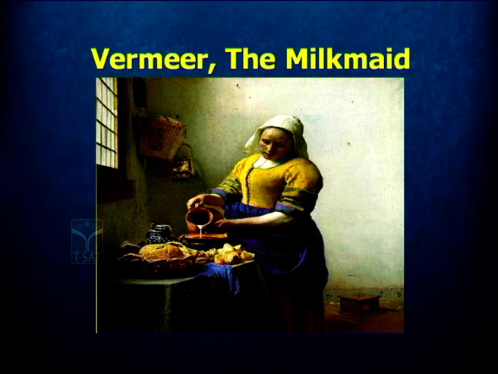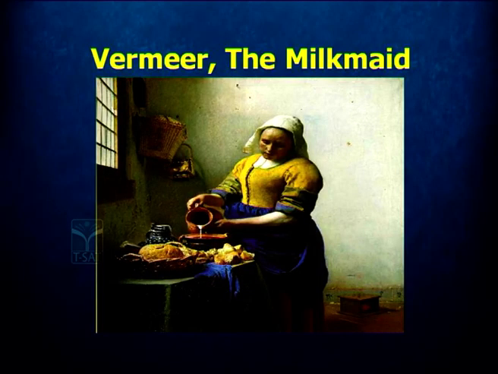greenish yellow top is not an exact complementary to the blue, right. So, yellow would be a complementary, but this particular color that he is using, greenish yellow, is not an exact complementary, but it is called a split complementary, which is one value down or one value up. So, here it is one value down. To balance that further, he is using a bright orange for the pot from which she is pouring the milk, right.